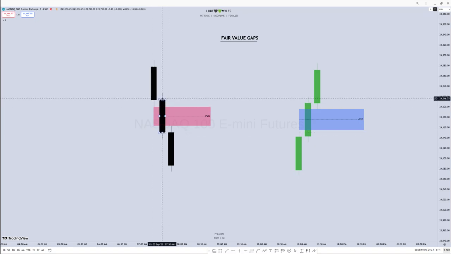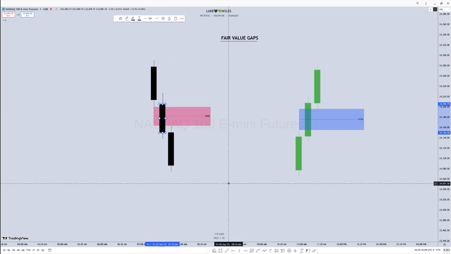Now what happens when market has a large sell side delivery volume and it just skips certain price points? That means we are going to have still unfulfilled orders within that.